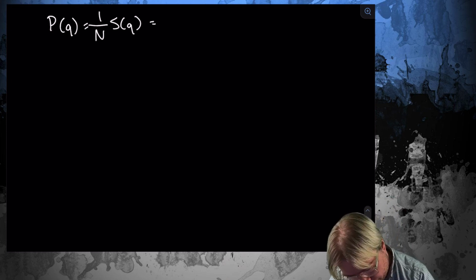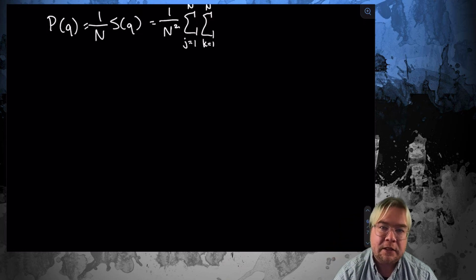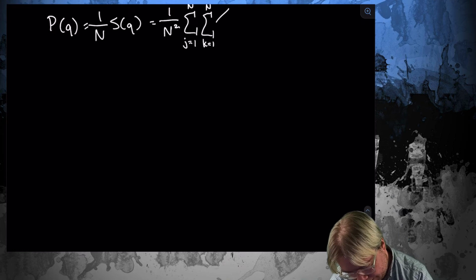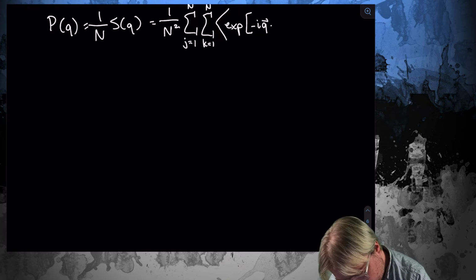So this will be 1 over N squared, and then the summation j goes from 1 to N, summation k goes from 1 to N, and then the average value of the exponential function, exponential of minus i q dot r jk.